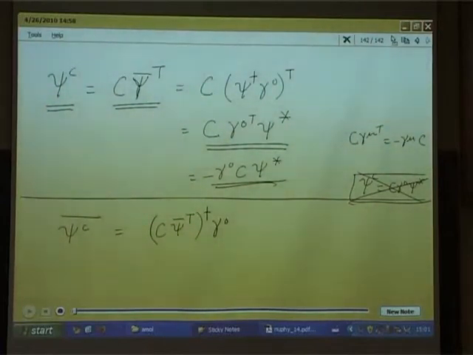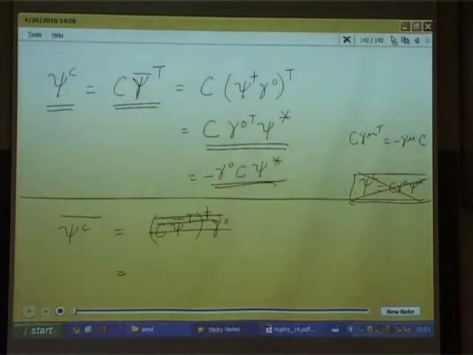So let's see if I can do this without getting into algebra. Actually I can simplify it by using this last version. The last version looks nice.